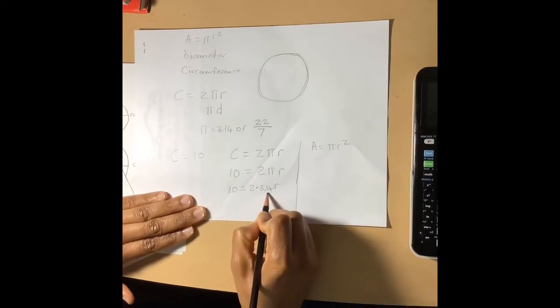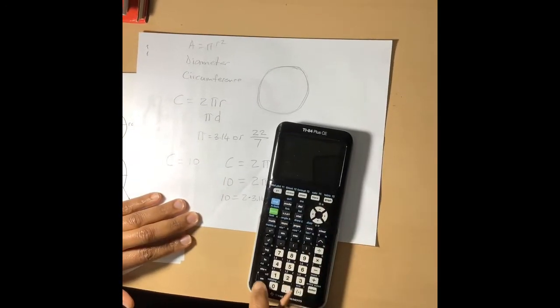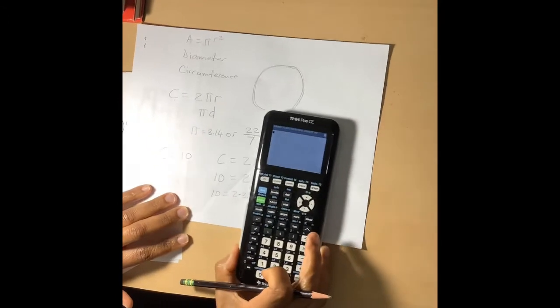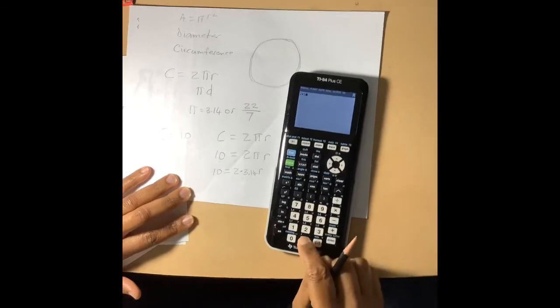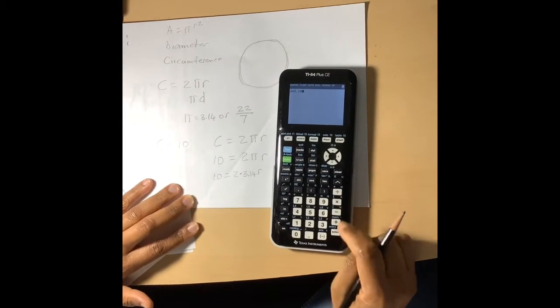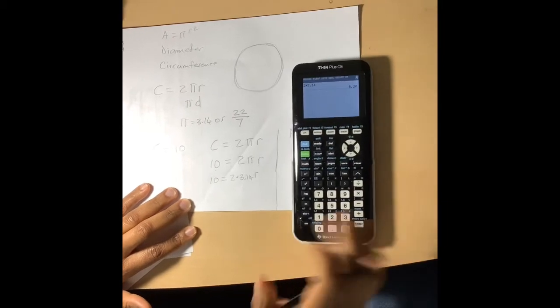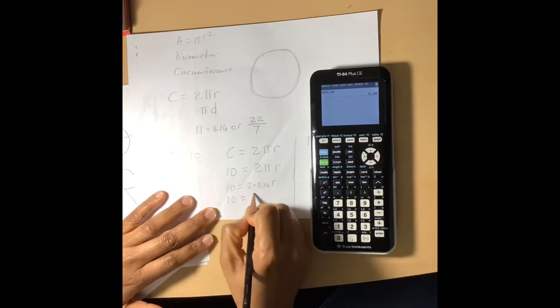Let's calculate this. Let's bring our calculator on, and punch in 2 times 3.14 equals 6.28.